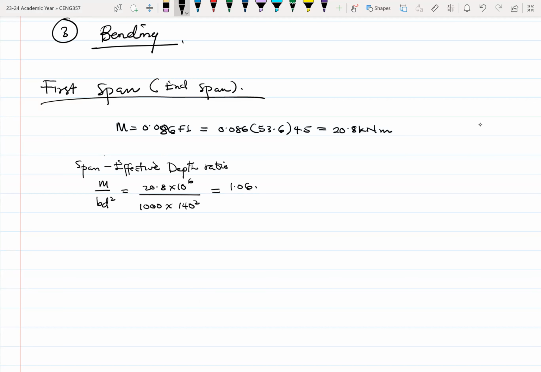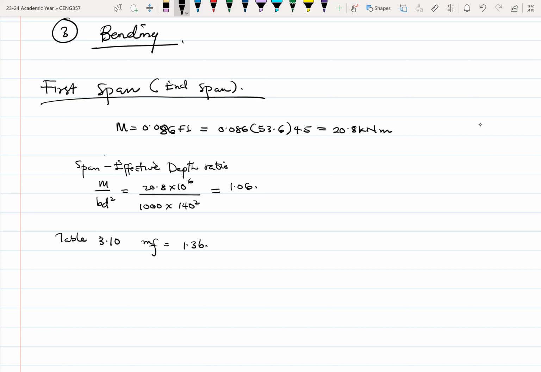So we go to table 3.10. Our modification factor is 1.36. I think it's table 3.10. Let me just cross check. Yeah, table 3.10. Great.